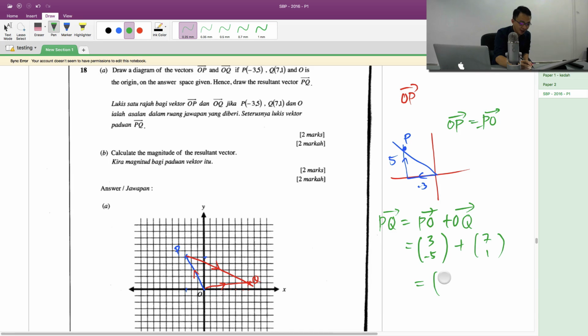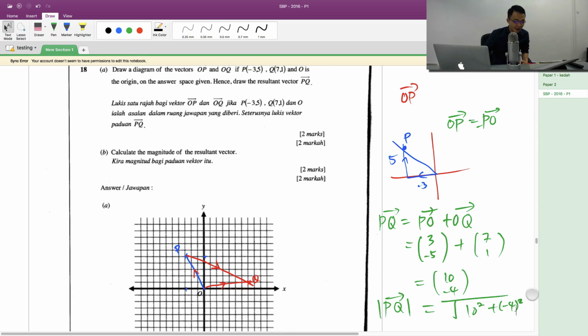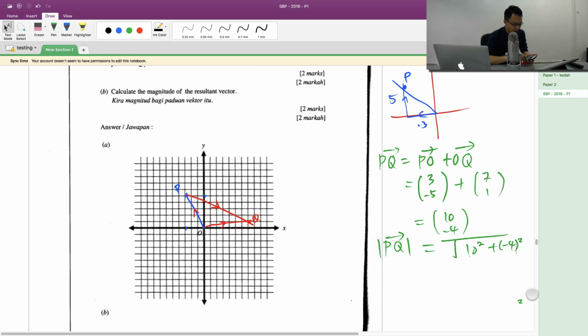So this is basically 10 and negative 4. To find the magnitude of PQ, I just use the Pythagoras formula, square root of 10 squared plus negative 4 squared. Negative 4 squared and 4 squared are the same. So you get the magnitude is 10.77.